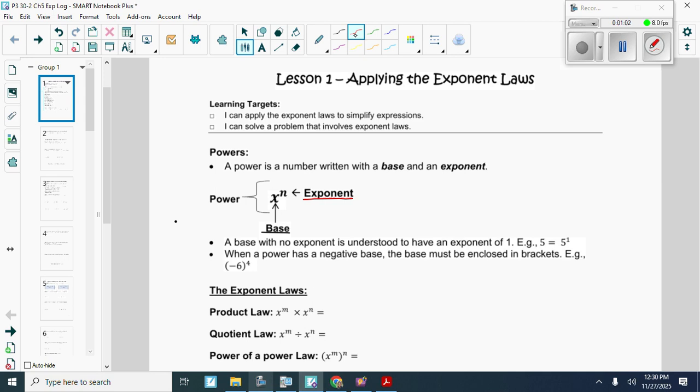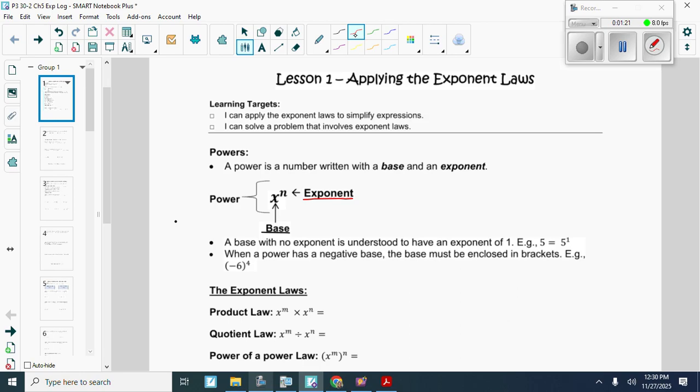Okay, so guys, a base with no exponent, this is where our invisible math comes from. So remember, do I have it up here? Yeah, the pink one way over here. Every number has an exponent of 1.